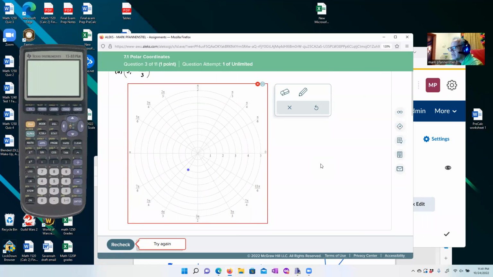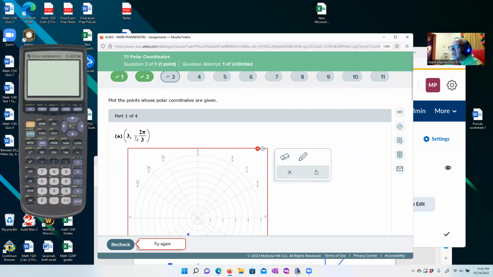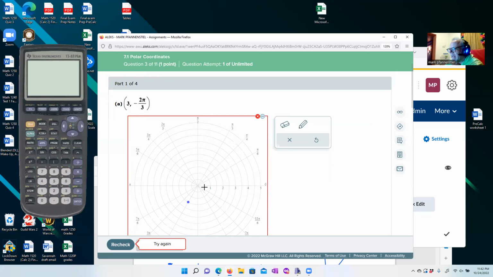All right, like that at all. Oh, 3, -2/3. Okay, that's why. The radius I drew was incorrect. Okay, very good. See, I look at this and like, oh, okay, there it is. So we are r theta, so we are going to be at -2/3. We want to be down here somewhere.